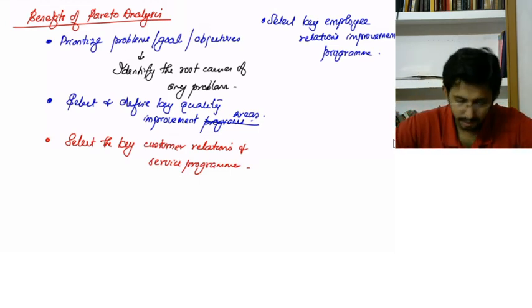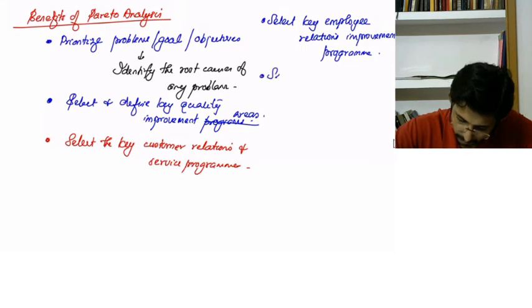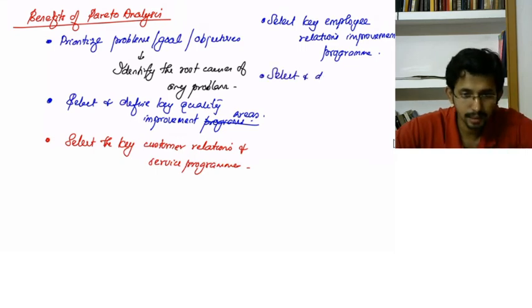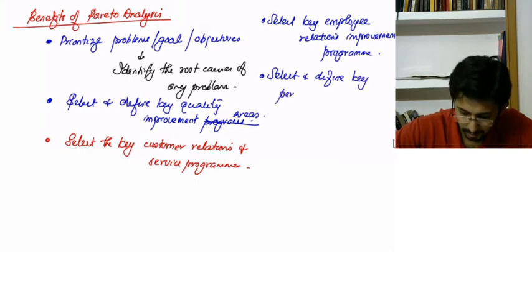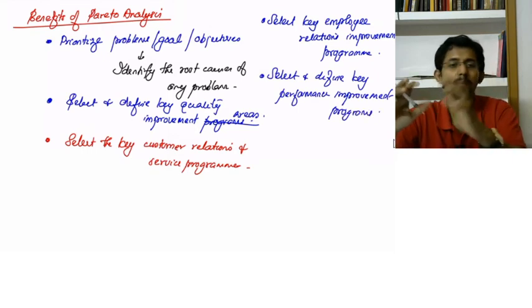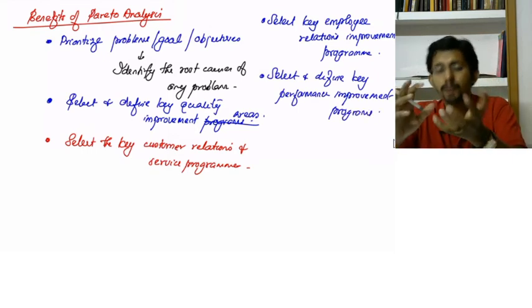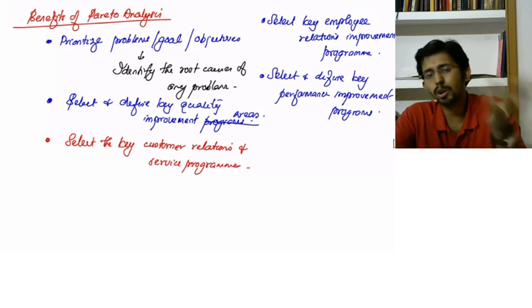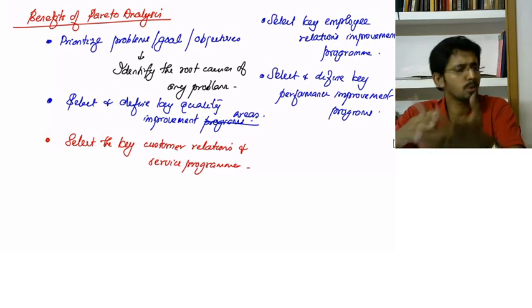Okay, next, select and define key performance improvement programs. What do you mean by that? A business may have key performance indicators. There could be a lot of performance indicators, sales volume, so many things.